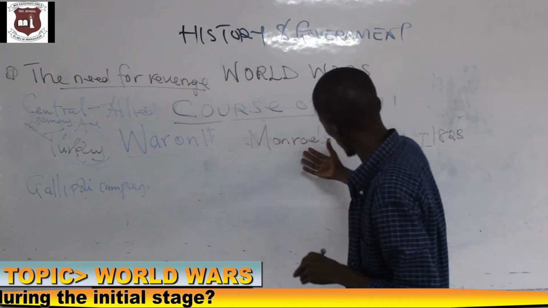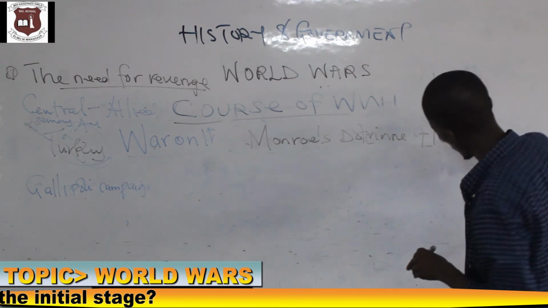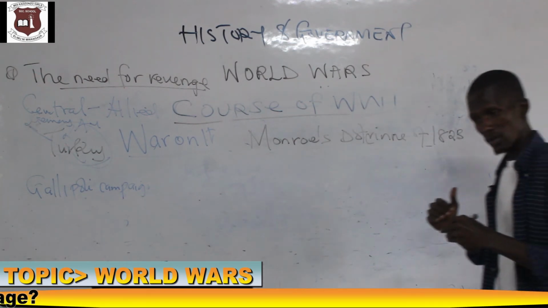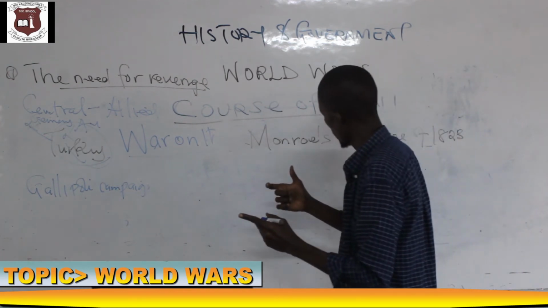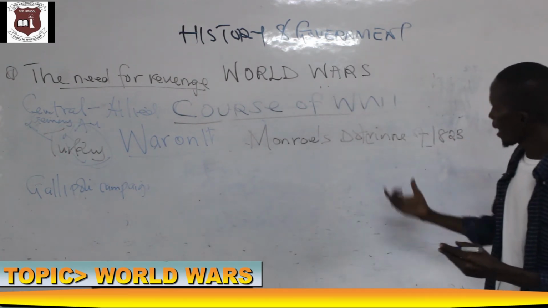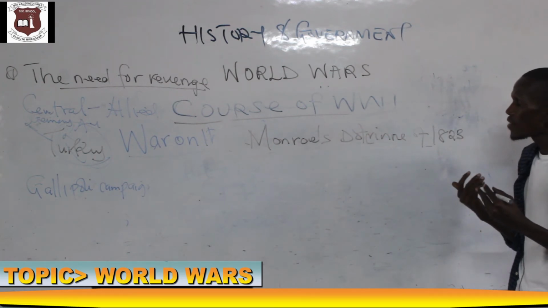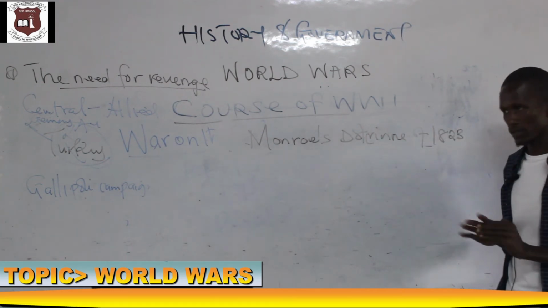This doctrine was also known as the isolationist policy. The Monroe Doctrine was all about isolation, the policy of non-interference, in which the United States swore under the Monroe Doctrine not to interfere with the affairs of foreign nations.